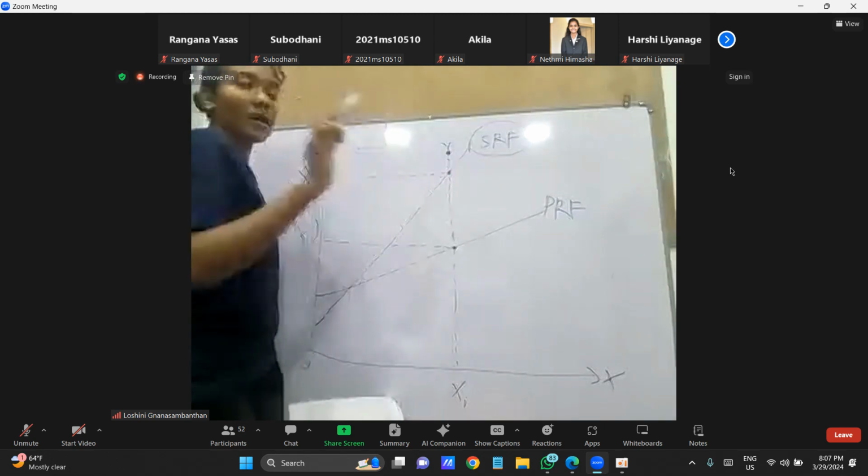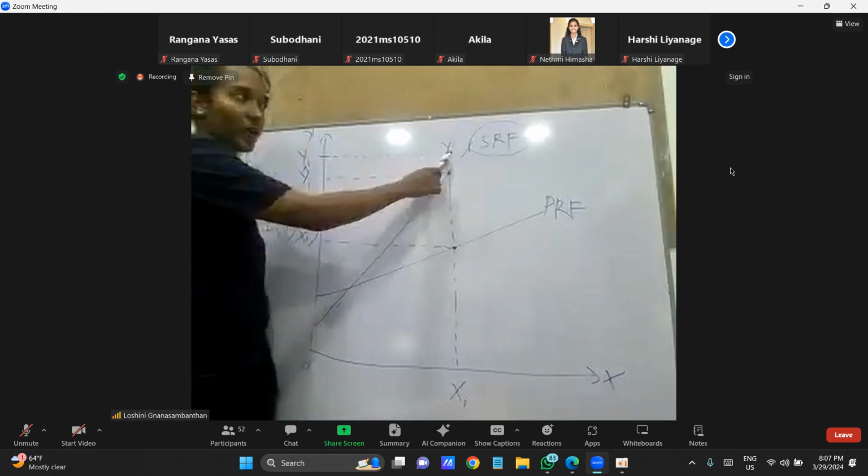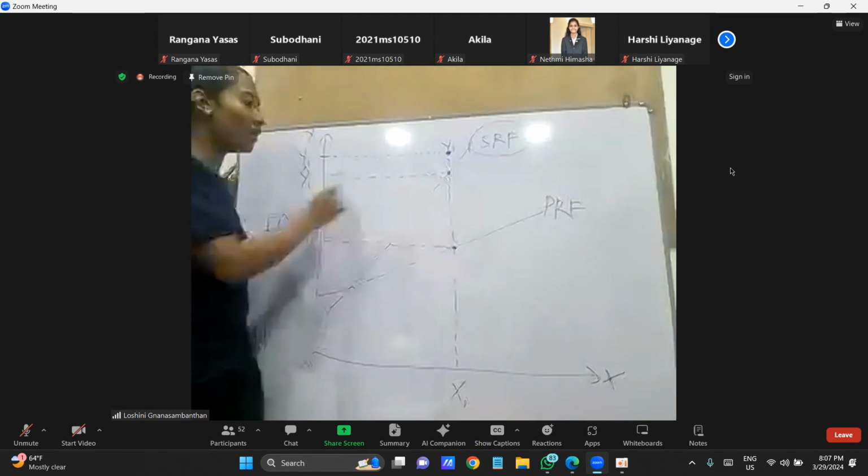For this point, your PRF value is something like this, and for this point, you got an SRF value something like this.